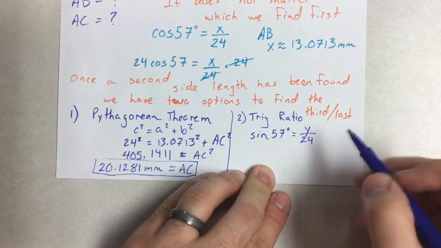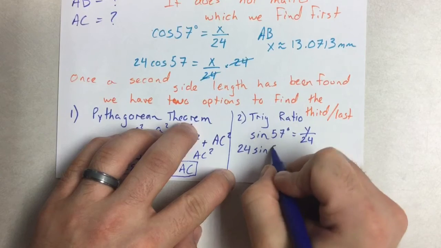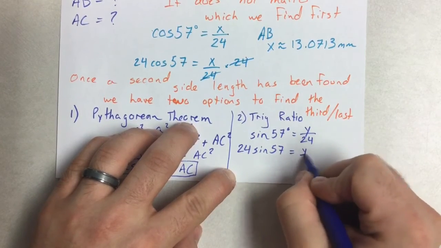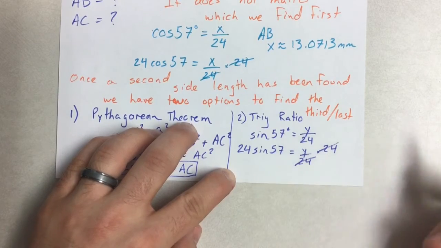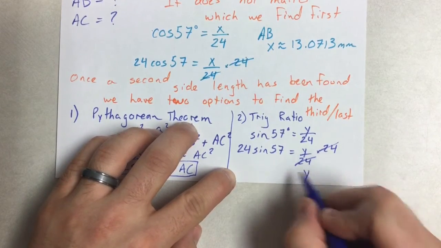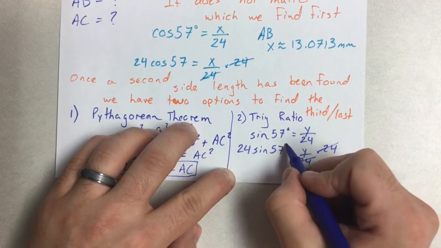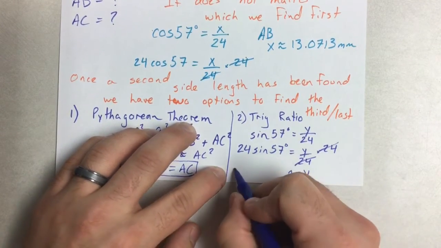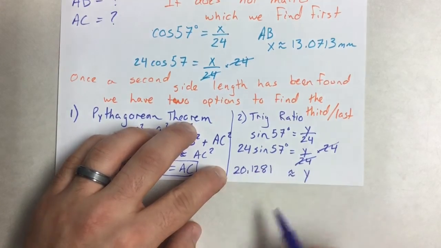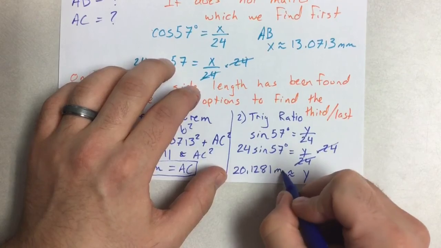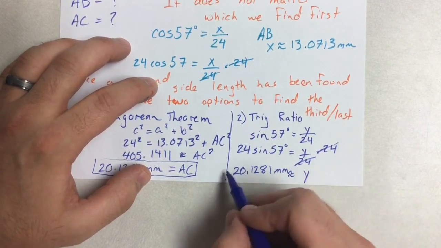Like before, 24 is in our denominator, so we can quickly multiply both sides by 24 to isolate y. Multiplying 24 times sine of 57, knowing we're in degrees, we get 20.1281. And look at that, we got the same thing, which is no surprise.